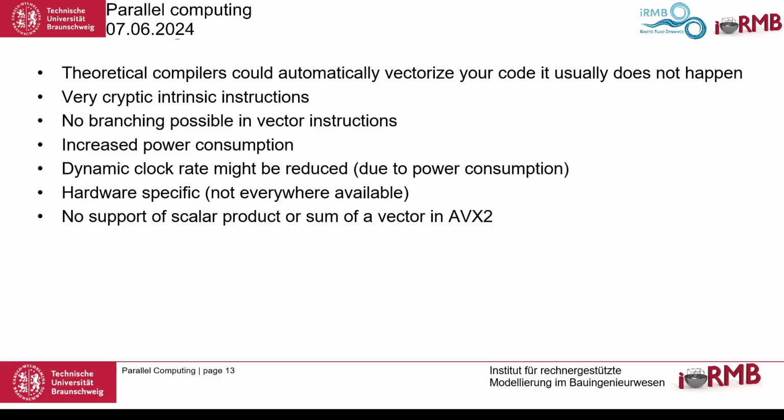And the lack of a scalar product, I think, is also a big problem. Not available everywhere. The thing with these vector extensions is that some people think the days of x86 are numbered and it will disappear anyway. I don't know.